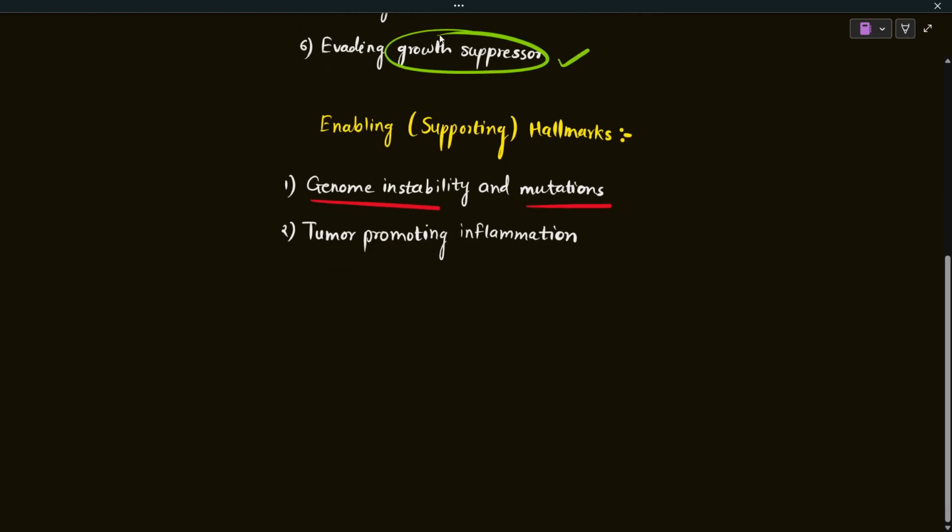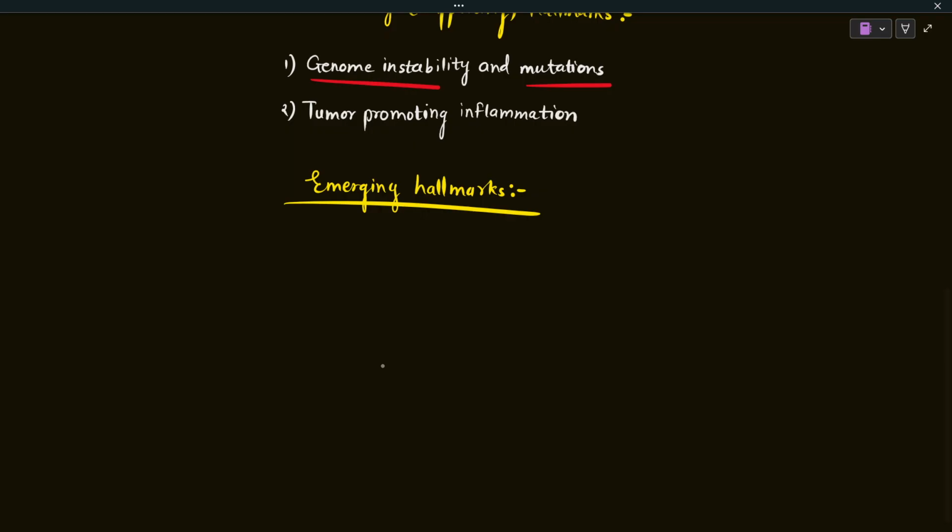There are certain hallmarks which we call emerging hallmarks of cancer. Those are also important because they are also characteristics exhibited by cancer cells. But there is a lot of investigation going on about them, and they are very recent hallmarks.